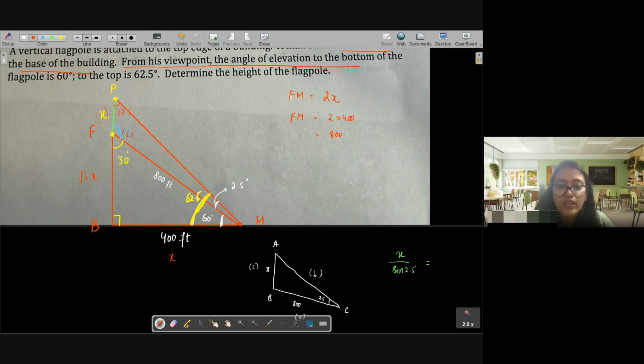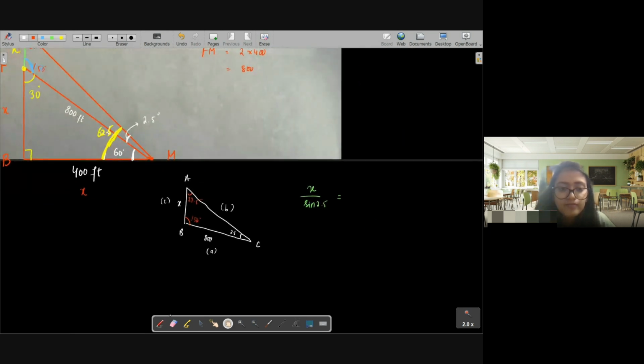Okay, so now we can find out. So this angle is 150. This is 27.5. Now we can use law of sine. So we need x over sine of 2.5 degrees, and take 800 over sine of 27.5 degrees.